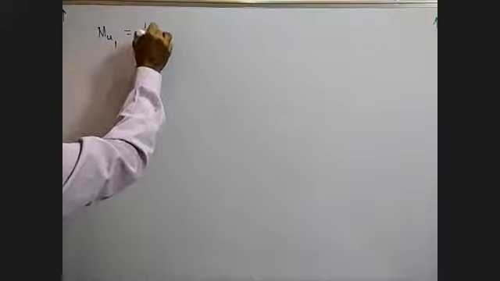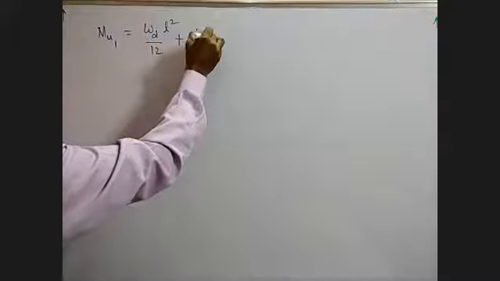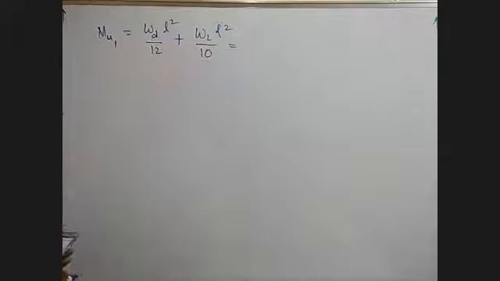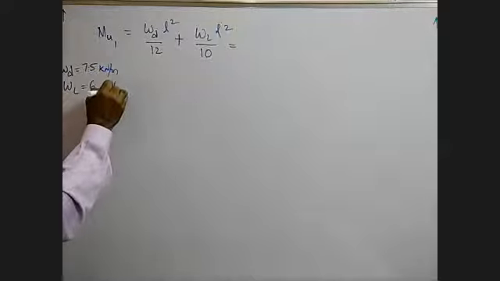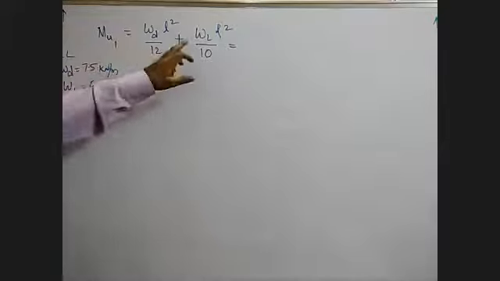Now see the bending moment M1. We call it MU1. It is WD L square by 12 plus WL L square by 10. Substitute WD as 7.5 and WL as 6, where WD is the dead load and WL is the live load.